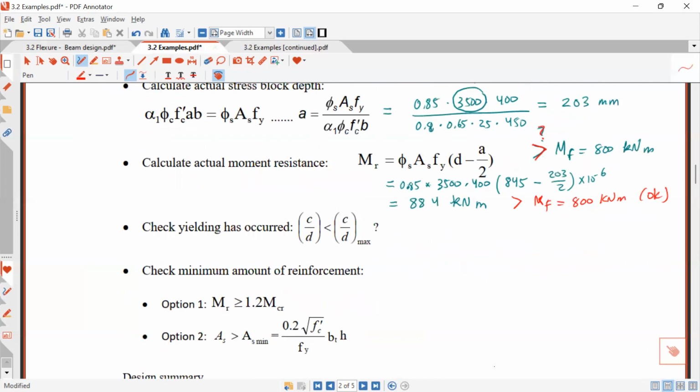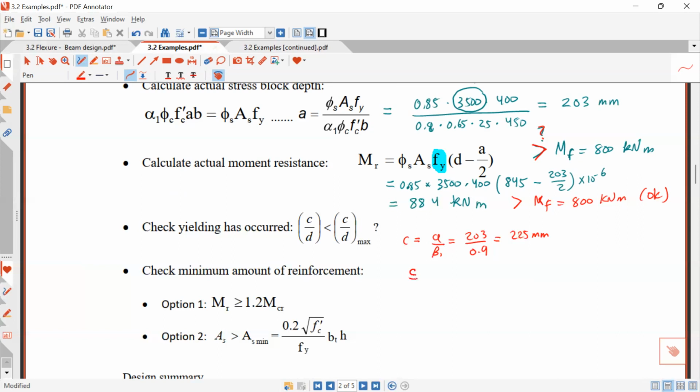Okay, but we need to do this check, right? Always, whether we're doing analysis or design, we need to do the check to make sure that the steel is actually yielding, okay? Because if we put too much steel, it's not yielding and it's not good. So we do the CD check. So C is equal to A over beta 1. So this is 203 over 0.9, and I will find 225 millimeter.